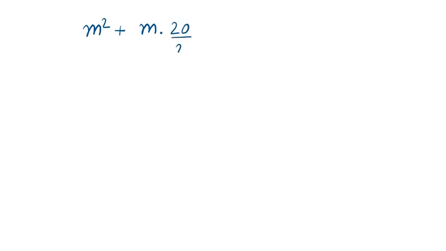Now this m and this m cancel out. On the left hand side, m square plus 20 is equal to 9m.